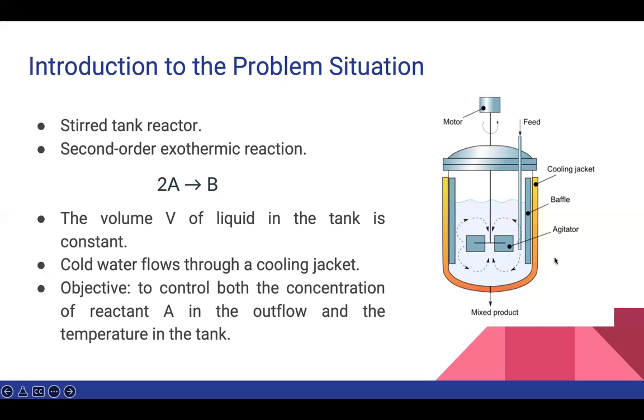So here we have the representation of the tank, and the flow entering is going to be the same as the flow out of the tank, so the volume is going to remain constant. Also, we have other variables such as concentration, temperature, and other flows. But in this case, we can only control the flow through the tank and through the cooling jacket.